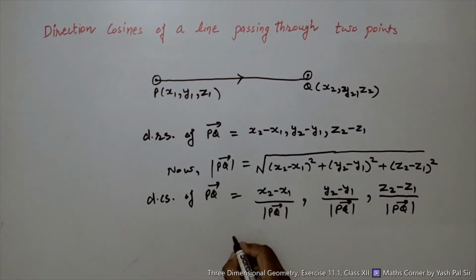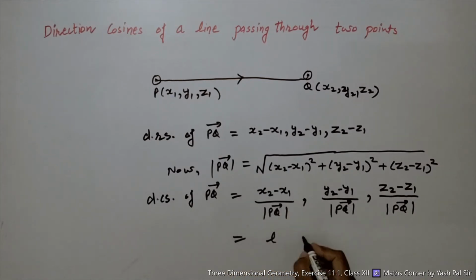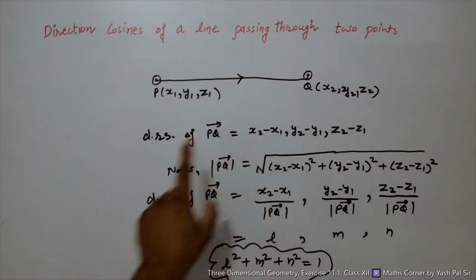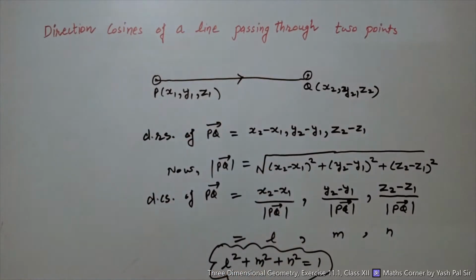So obviously this is l, this is m, and this is n. So l square plus m square plus n square is equal to 1 will be satisfied. That is, if this is satisfied, they are the direction cosines of PQ.